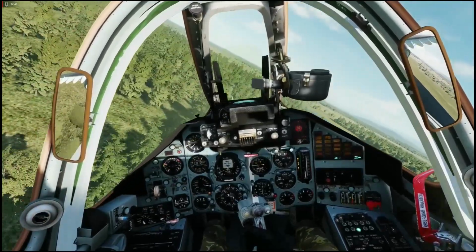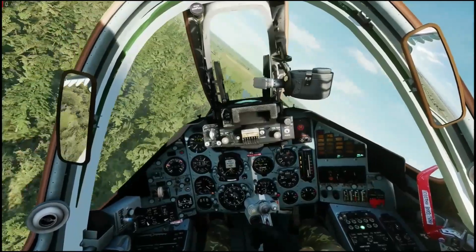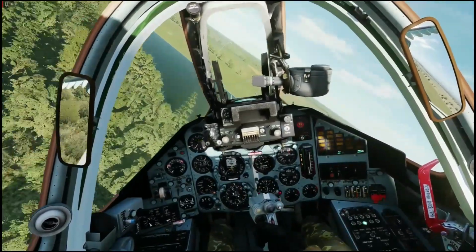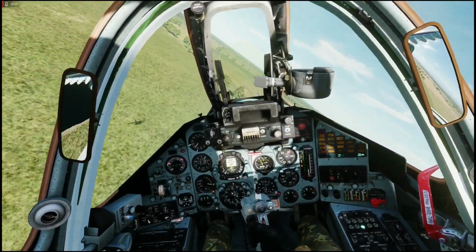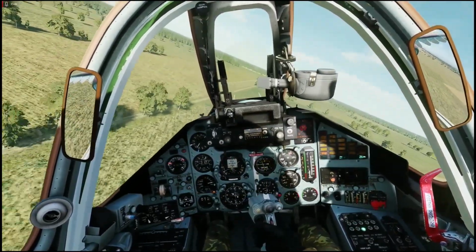Whoops, we passed waypoint 2, now we change to waypoint 3. And if you want to intercept the route now, we know we need to go to the left. And let's try that.